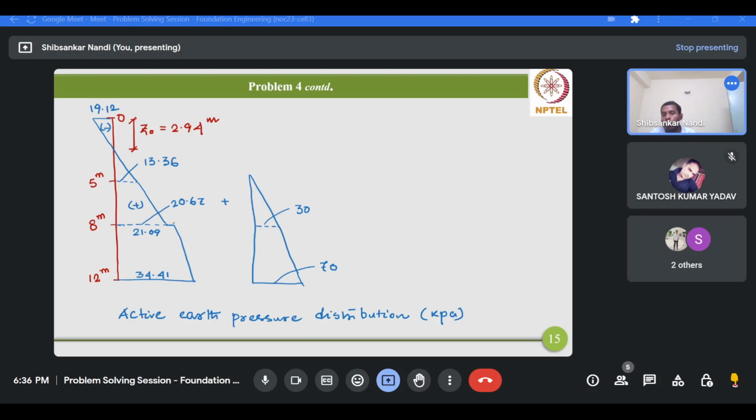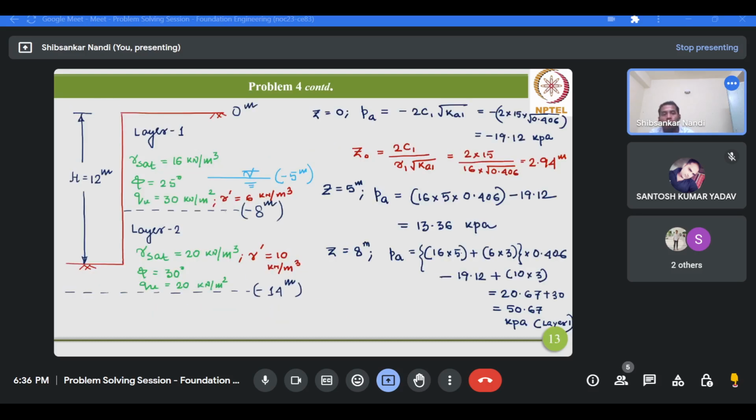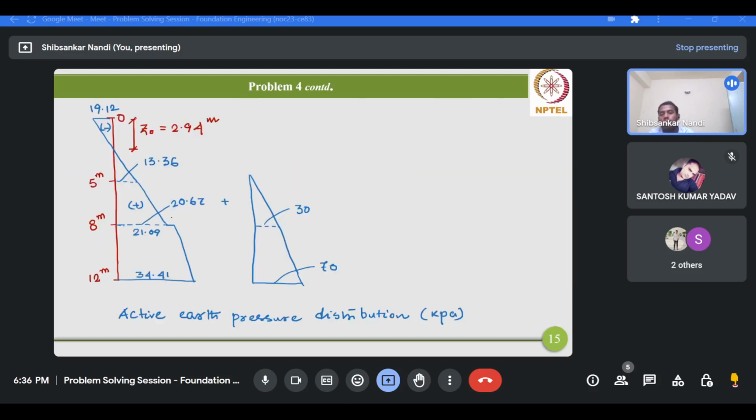If you are asked to determine the total active earth pressure at the level of 8 meter, you have to add these two components, 20.67 plus 30, then only you can get the complete answer, 50.67 kPa. However, for representation I have put it in two separate components.